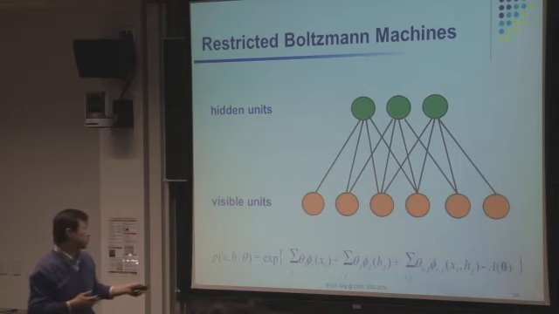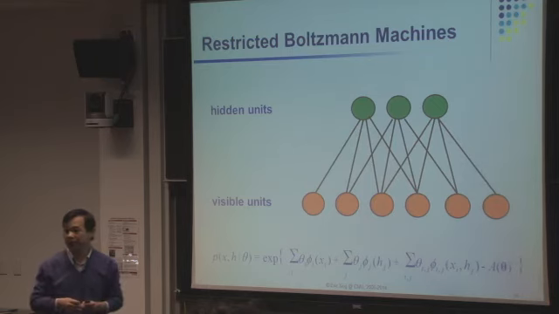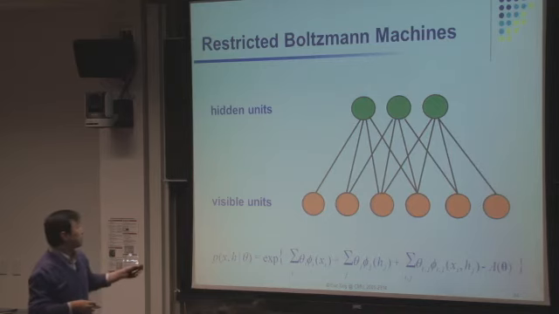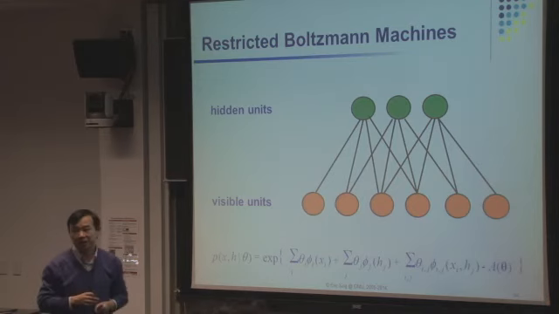They can be, like, the sound waves in your speech recognition problem, or the pixel values of your image segmentation problem. And then there is also a collection of so-called hidden units, which bear some mysterious hidden meaning.